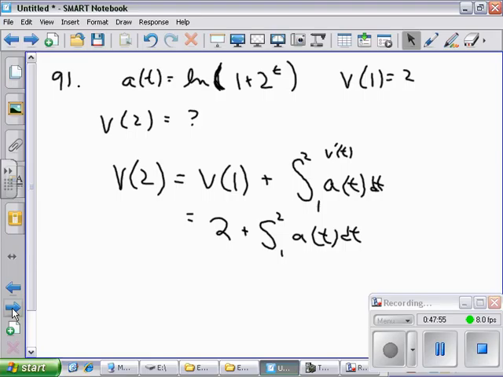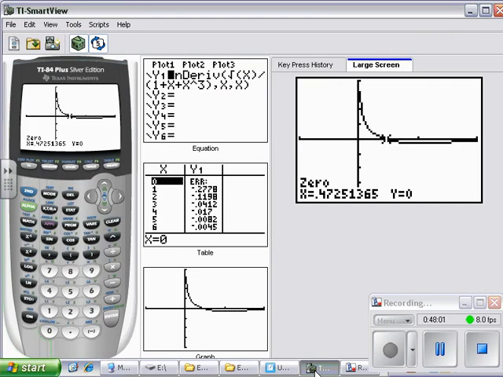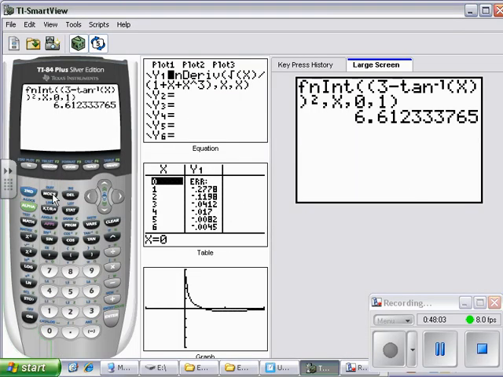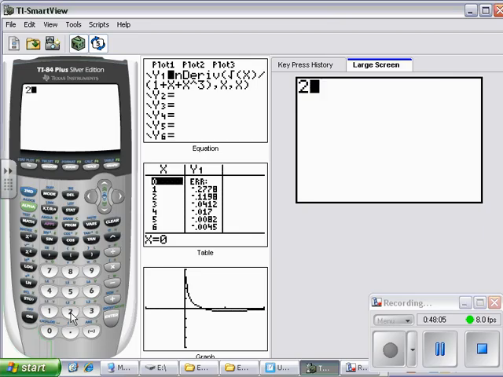So we're going to take 2 plus math 9 of ln of 1 plus 2 to the t. Home screen. Clear it. 2 plus math 9. ln parentheses 1 plus 2 to the x.